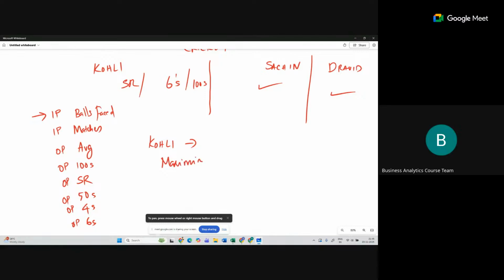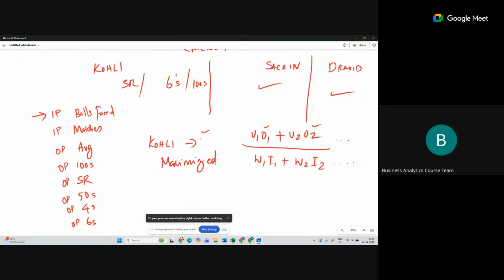Is it okay? It is going to be something like U1O1 plus U2O2 divided by W1I1 plus W2I2, and there are many inputs and many outputs. So what is the first output Kohli will choose? Things that will maximize his efficiency. Second output, again, things that will maximize his efficiency.